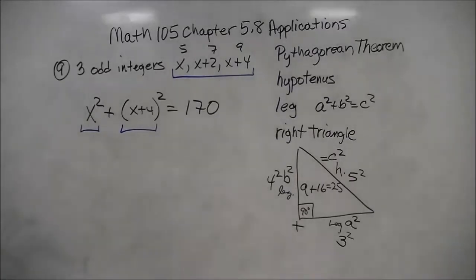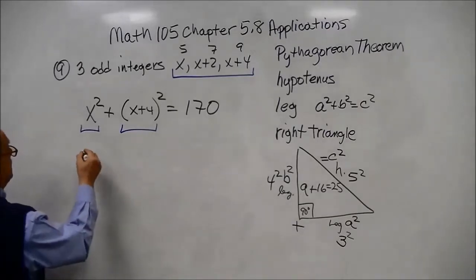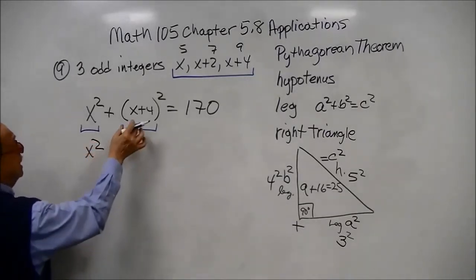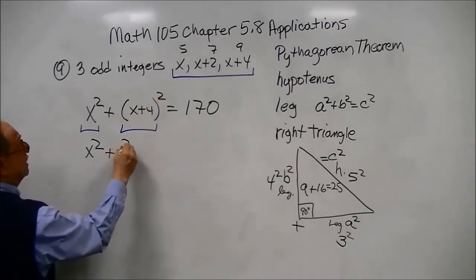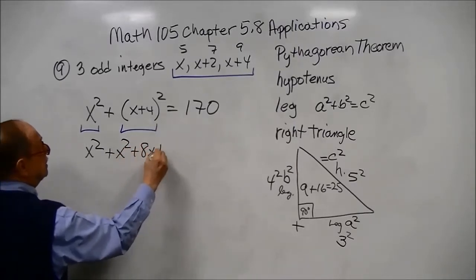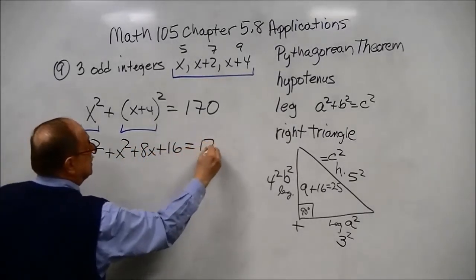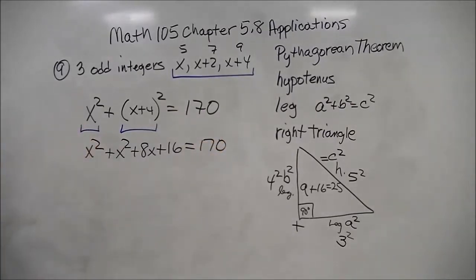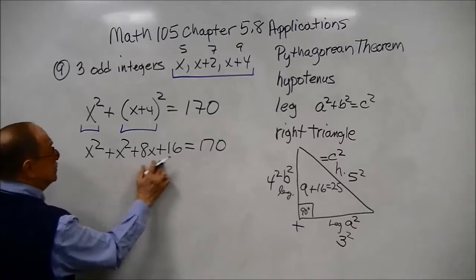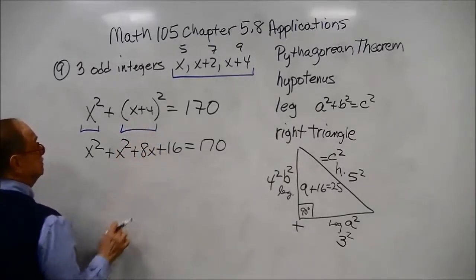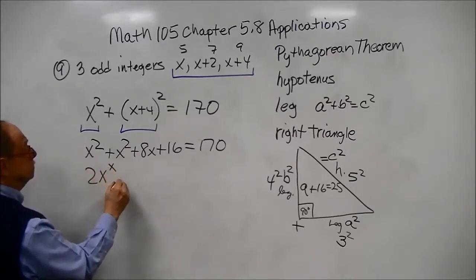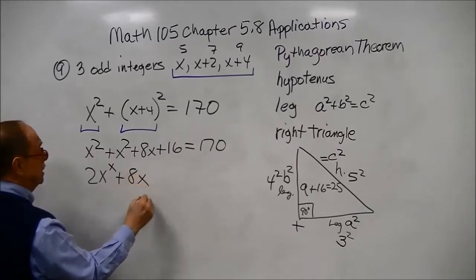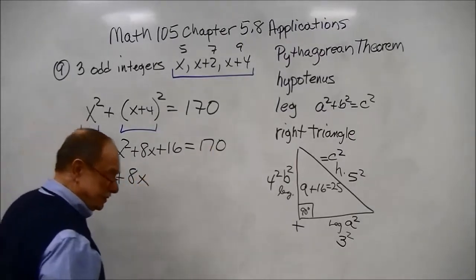So then, you have to put it in standard form. So this will be x squared. Now we're going to use that special technique to square a binomial. And now remember, this is a perfect square trinomial. We're going to combine like terms. And I'm going to transpose this to the other side.